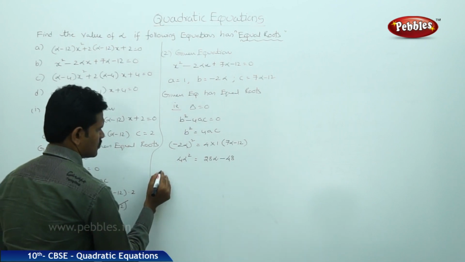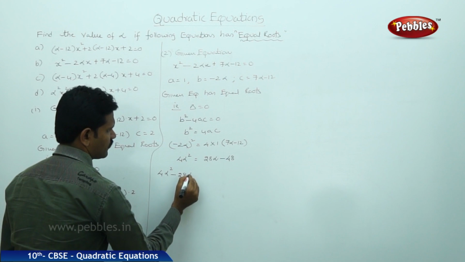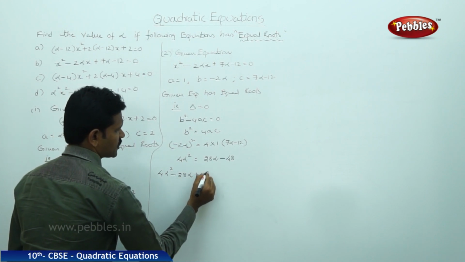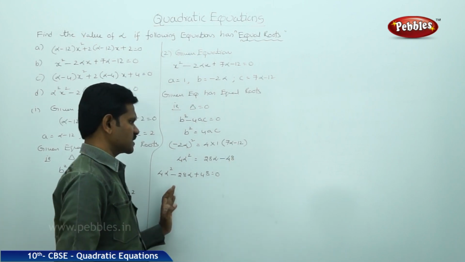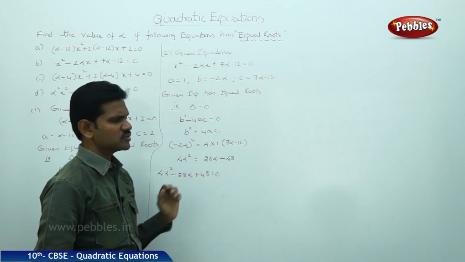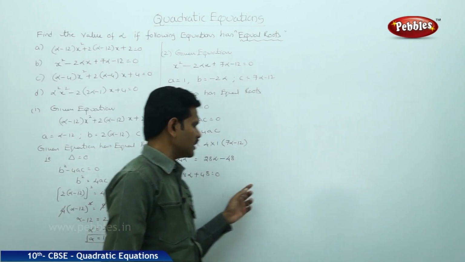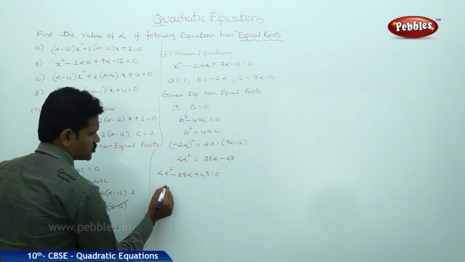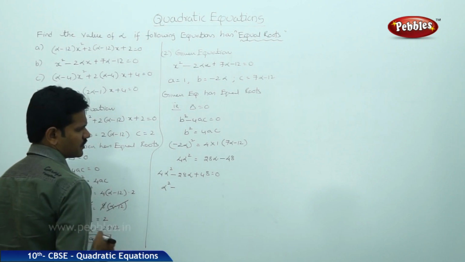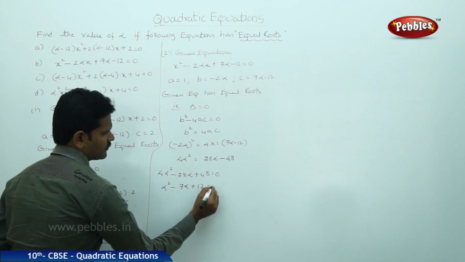That is 4 alpha square - 28 alpha + 48 = 0. That means both the parts are brought inside, that is why the signs of both are changed. Now, if you observe closely, all the numbers are divisible by 4. That is reduced: alpha square - 7 alpha + 12 = 0.